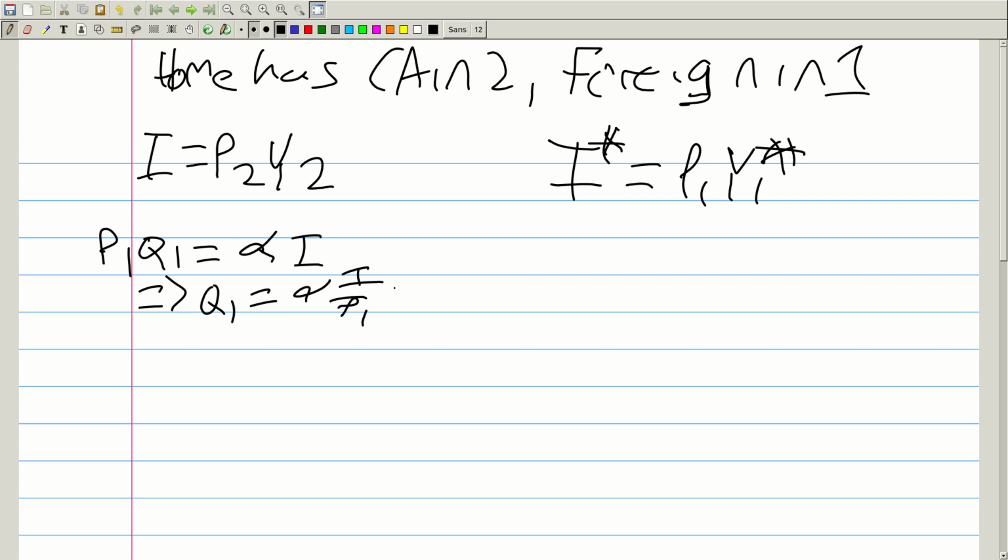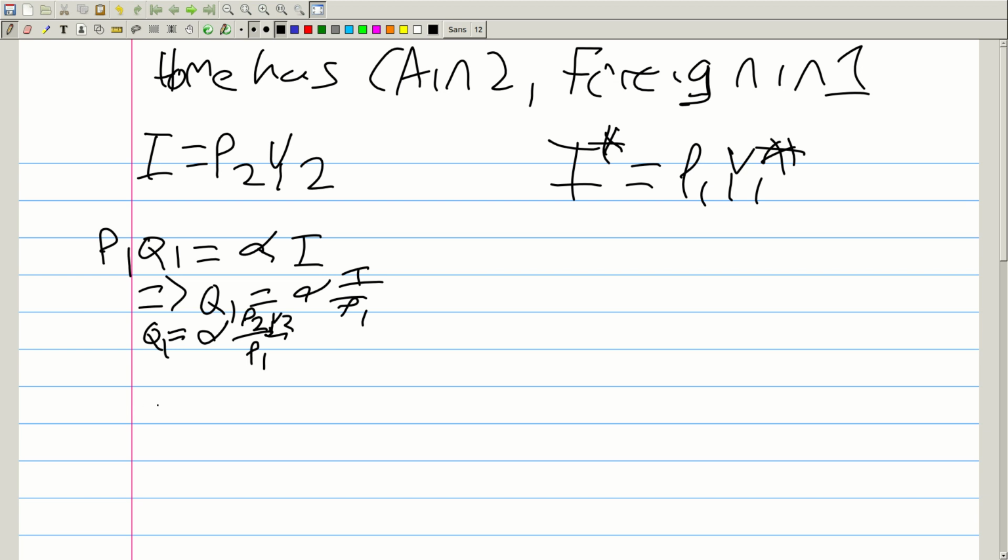But just plugging in P1, then what we'll get is that Q1 is equal to, and actually, sorry, I'm going to write this on a new line. Q1 is going to be equal to alpha P2 Y2 all over P1.